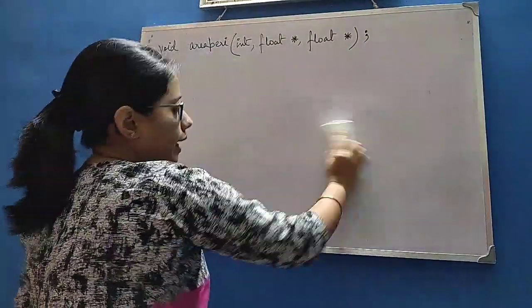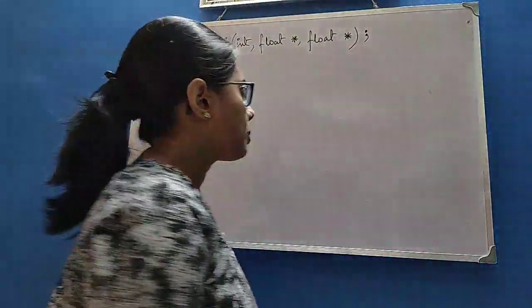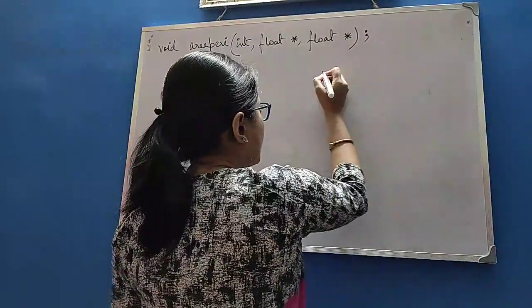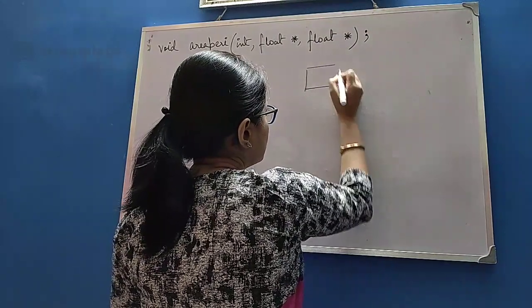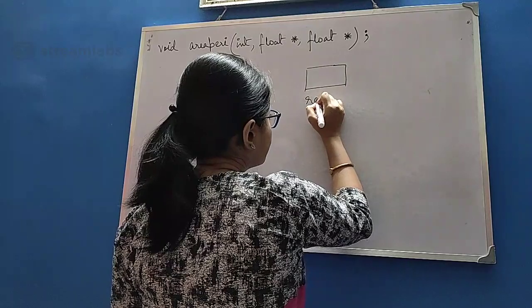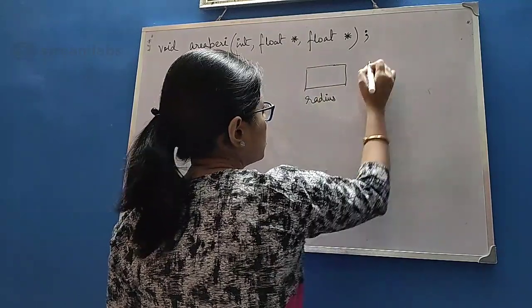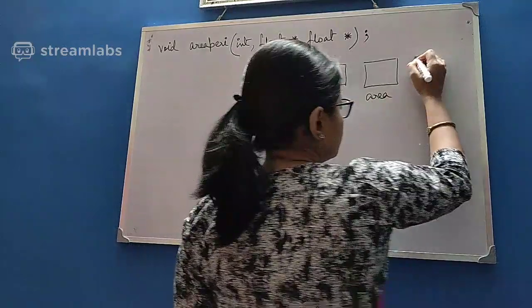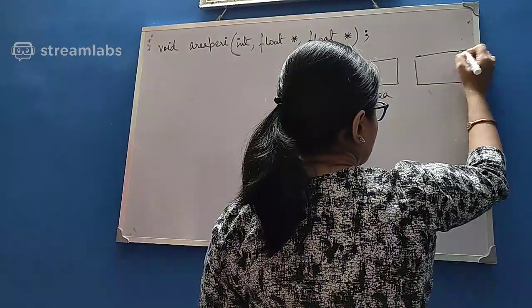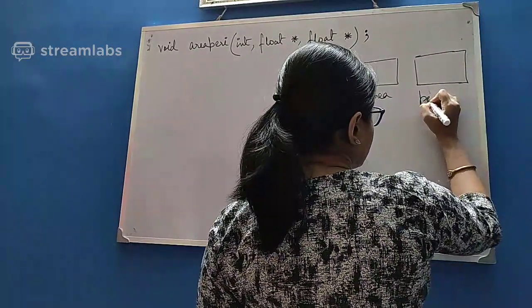So if we look at what happens in the memory, so we have 3 locations, that is the radius, 2 more locations, area and perimeter.